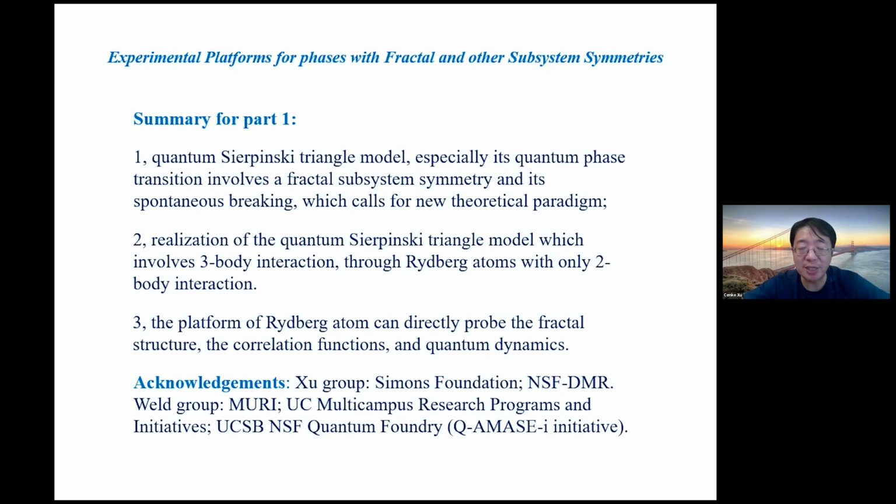And we said that we can try to realize, at least to some finite size, the physics of the quantum Sierpinski triangle model, which has a 3-body interaction, but we can realize it through Rydberg atoms with only a 2-body interaction. And the Rydberg atom platform can allow us to directly probe the fractal structure, the correlation function, and also the quantum dynamics of the system.